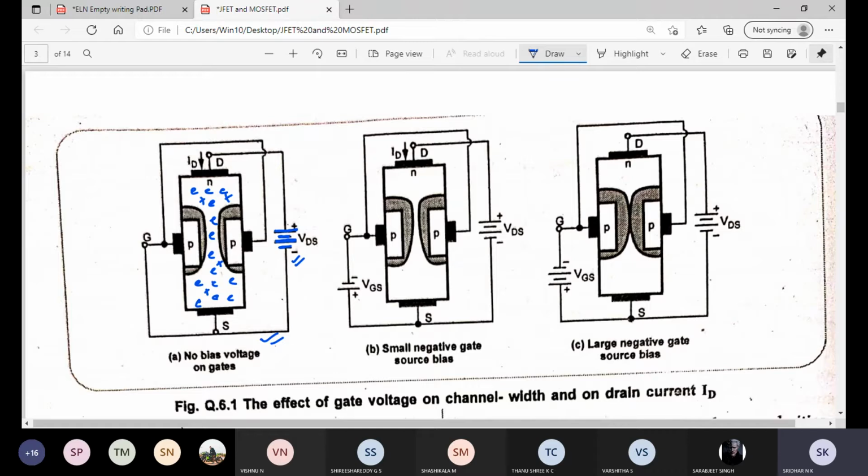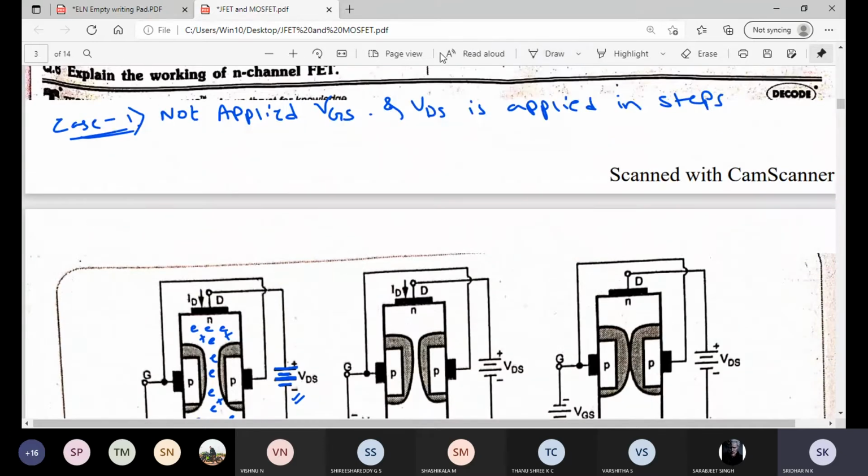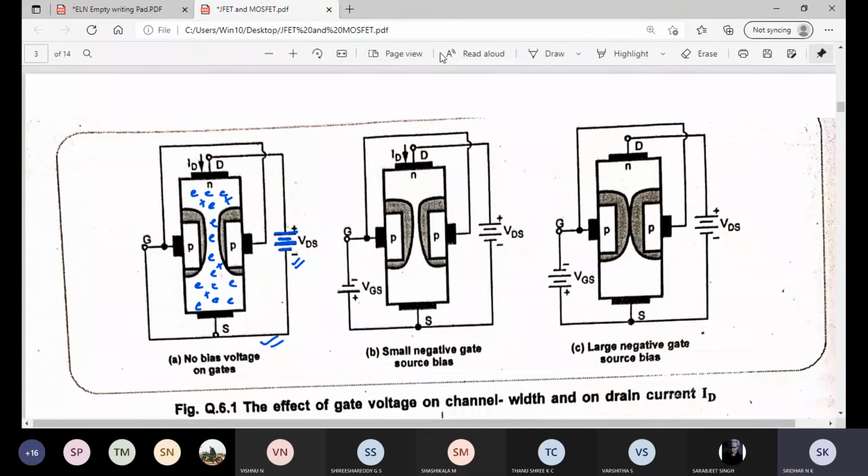Very simple. This is how you define this VDS. Did you understand how I am defining the VDS? The same concept will be used for all the circuits, all the six circuits, so you should remember how I have defined this VDS. This is the first step. And what I have written here, not applied VGS, means I am not applying gate voltage, so VGS is 0, that's why it is shorted.